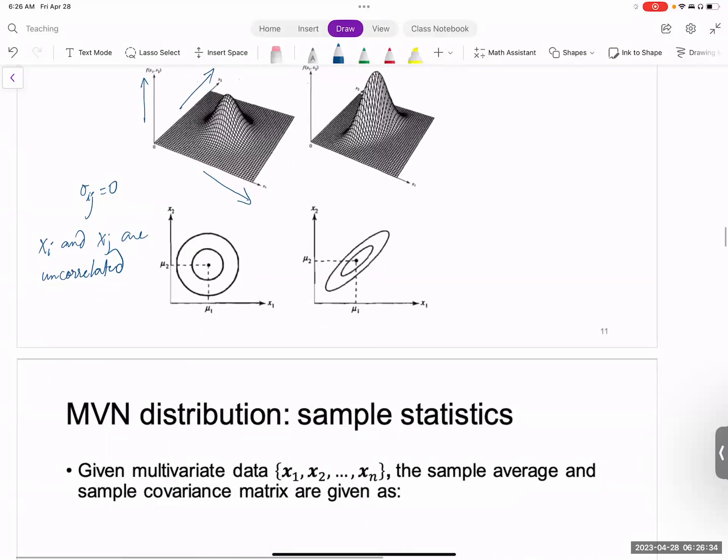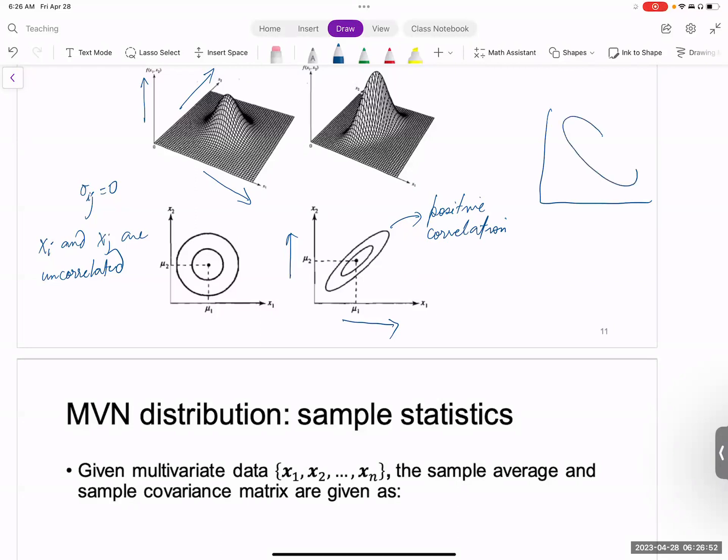In this case, as x1 increases, x2 also increases, so this is showing positive correlation. And if it looks something like this, then you would say that this is negative correlation.